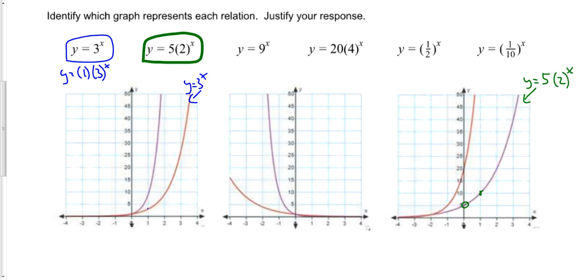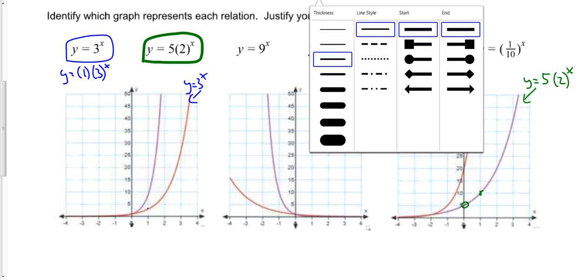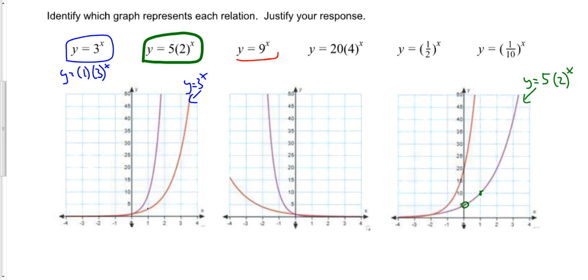The next example is y equals 9 to the x. Again, the a value isn't written, so we presume it's 1. So that's y equals 1 times 9 to the x.